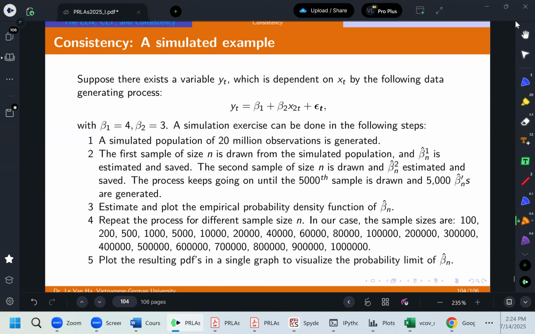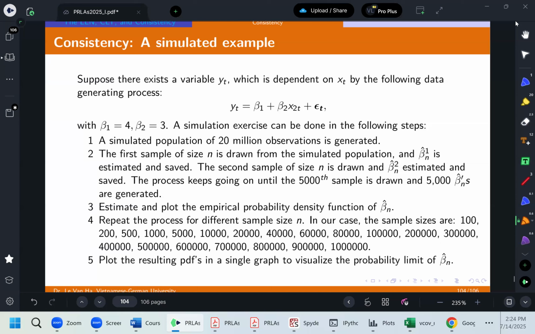Plot the empirical probability density functions of beta hat n. Repeat the process for different sample sizes n. In our case, the sample sizes are 100, 200, and so on until a million. Plot the resulting PDFs in a single graph to visualize the probability limit of beta hat n.